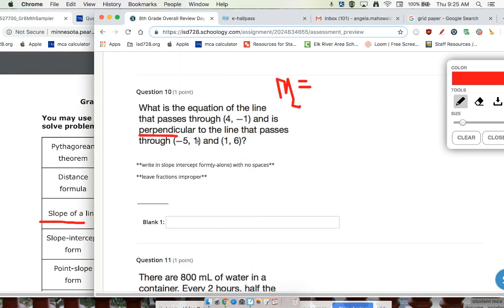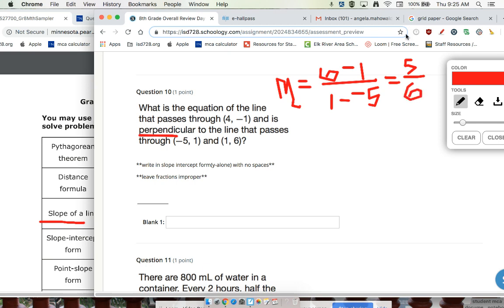So 6 minus 1 over 1 minus negative 5. Simplify that: that would be 5 over 1 minus negative 5, which is a plus, so that would be 5/6.